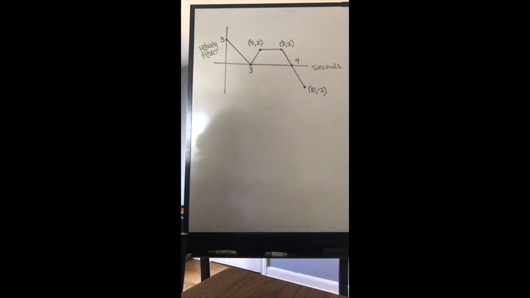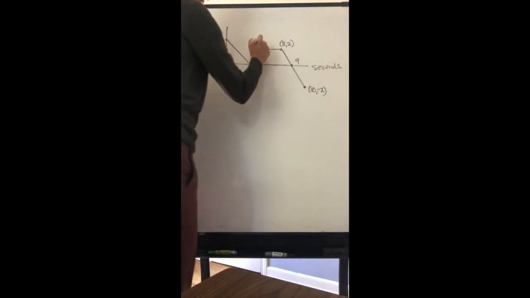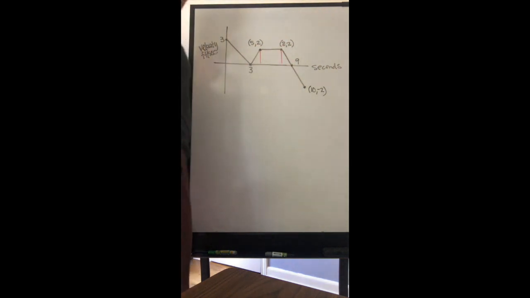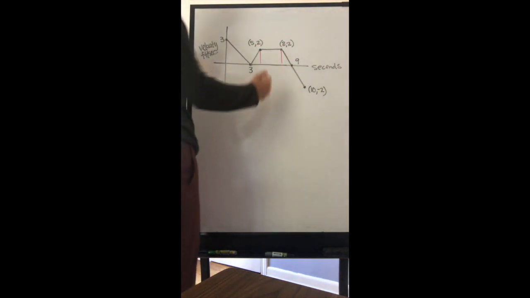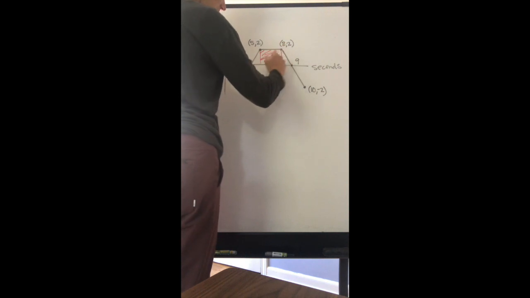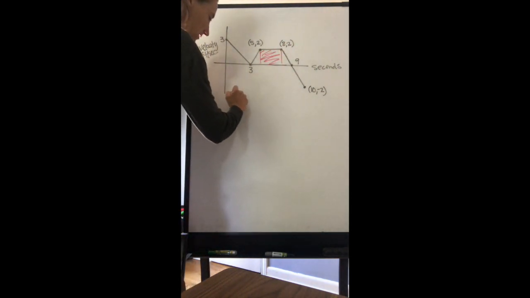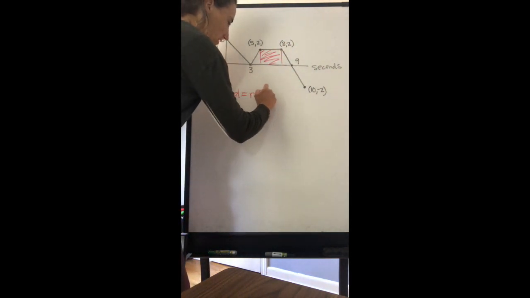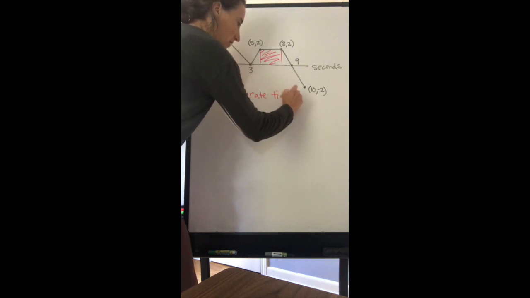So anytime I'm trying to find distance, where somebody is or position, I can do rate times time. So I'm going to start with this part here between the 5 and the 8 seconds because I make myself a nice little rectangle, and we'll go into why we like rectangles in just a second. Distance equals rate times time.